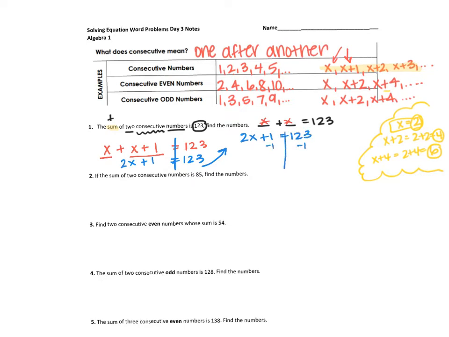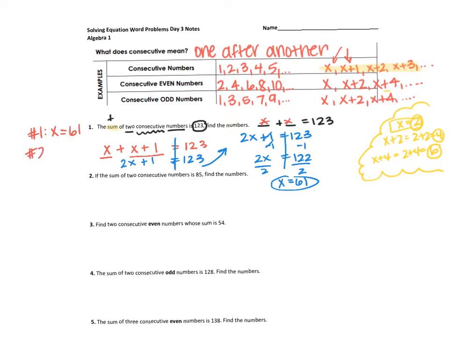Subtract your 1. You get 2x equals 122. Divide by 2. And we end up seeing that x is 61. So it said to find your two numbers. Well, number 1 is just x, and we just found that that equaled 61.